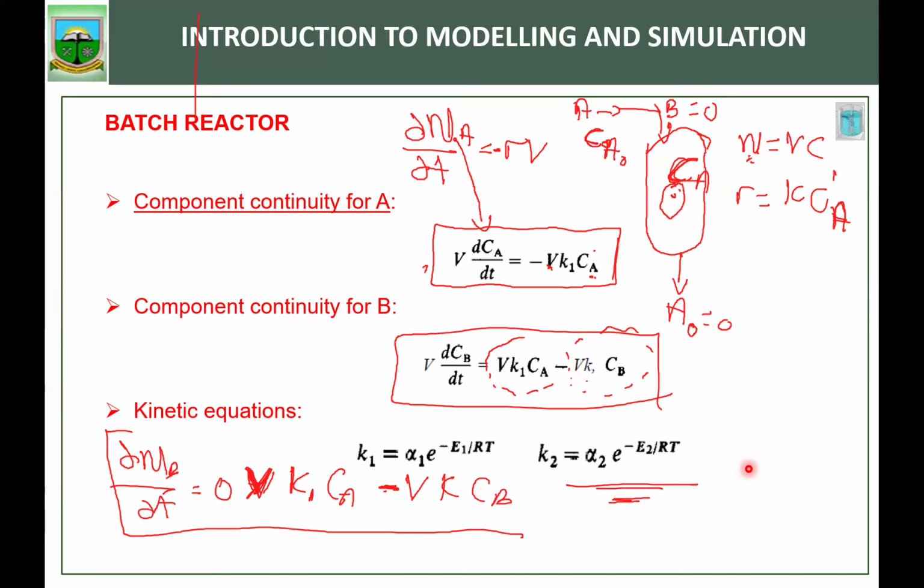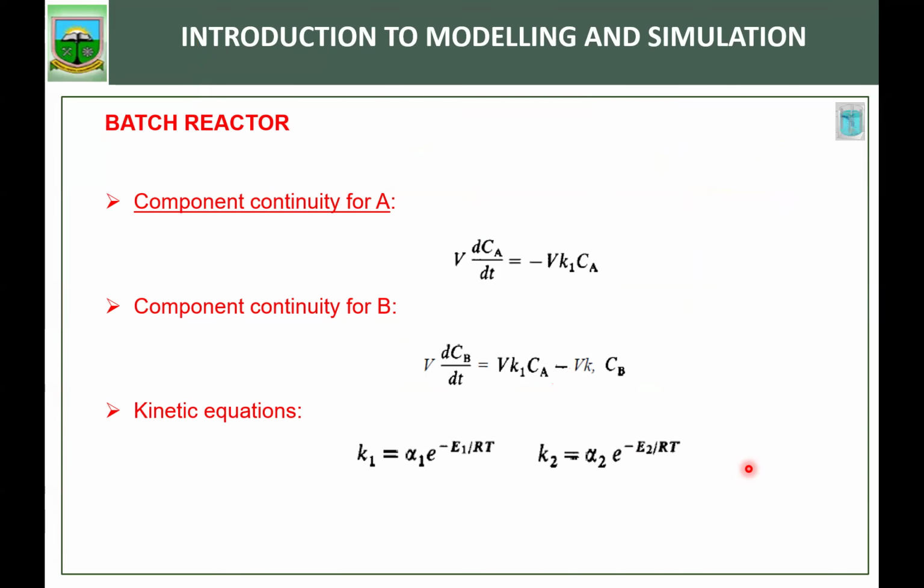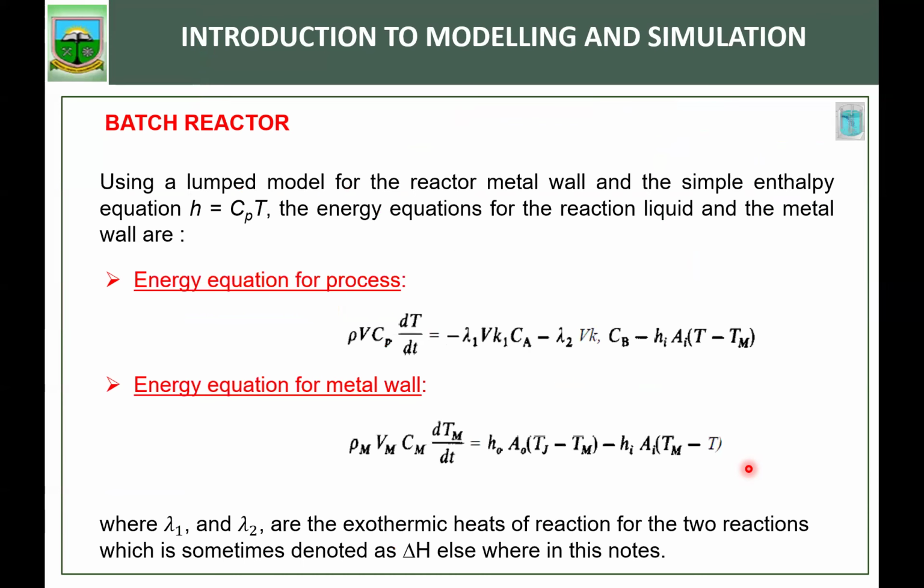Then the next thing is to write the equation for the energy terms. So we now have to write the energy balance for this. So let's look at the energy balance. For energy balance, we assume what? A lumped model. So you see that we are trying to assume that the temperature of the reactor is all lumped together, and the temperature of the reactor changes with time.